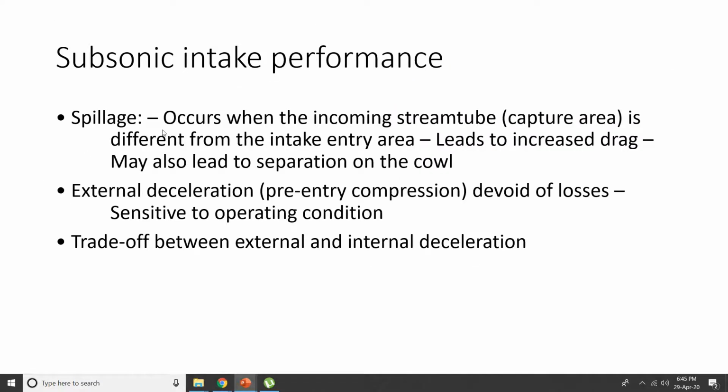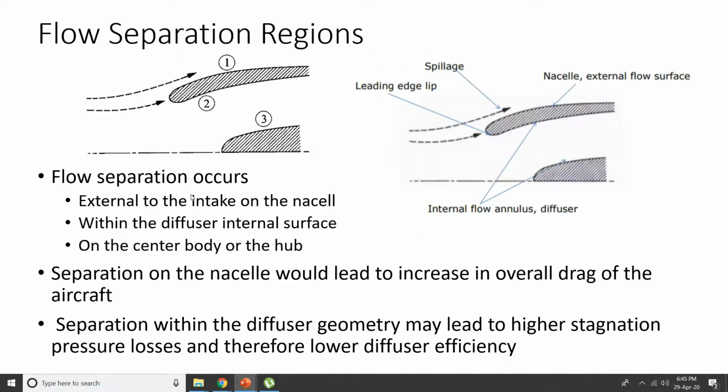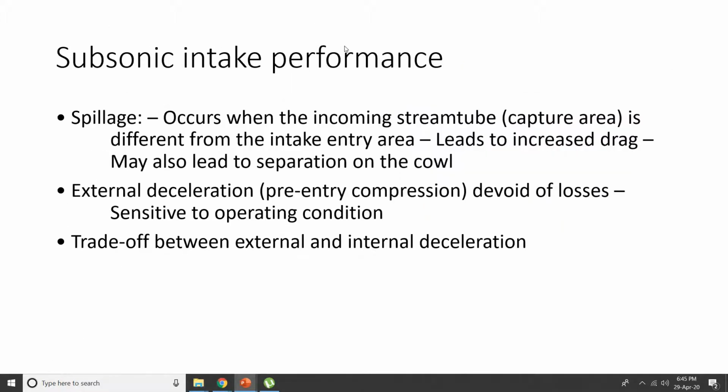If a spillage occurs, this will increase the overall drag on the cowl. So let us say there is a larger amount of flow going over the aircraft and there is flow separation occurring here, this will increase the overall drag on the cowl, that is the engine itself.